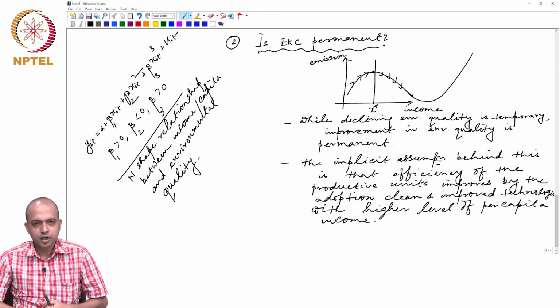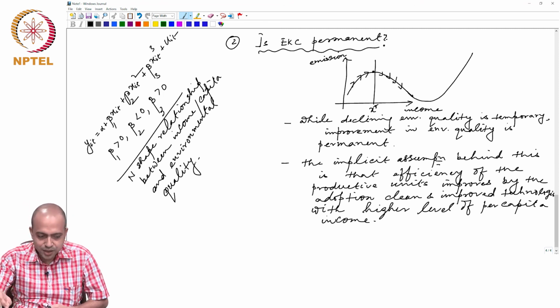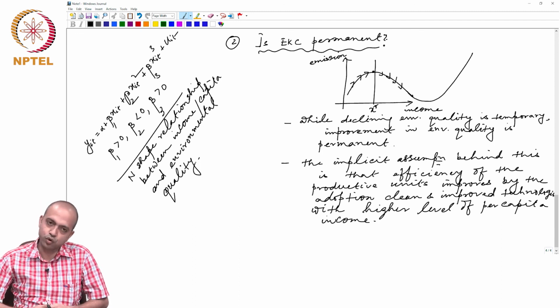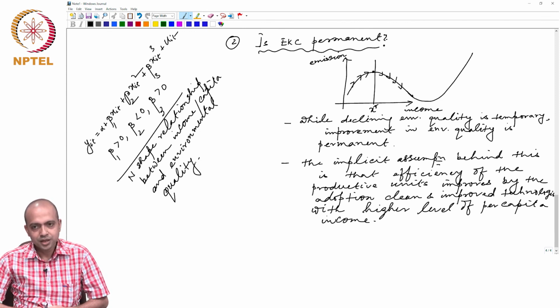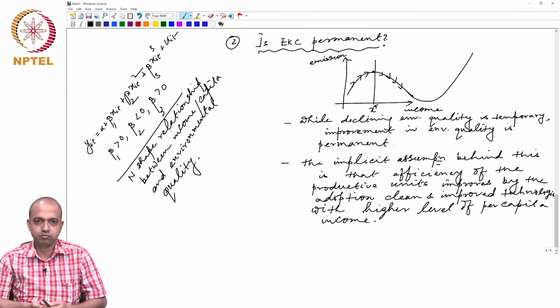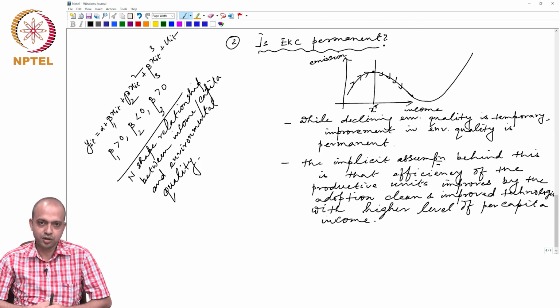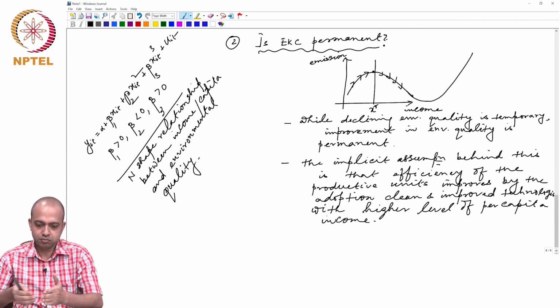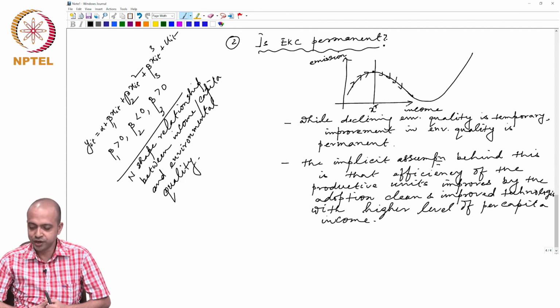So, that means in the empirical literature this N-shape relationship is also possible, right. Okay. This is also another type of relationship that may emerge from this technological limitation. That means when there is a limitation in technology, we may experience this N-shape relationship also. So, that means EKC is not a permanent phenomenon.